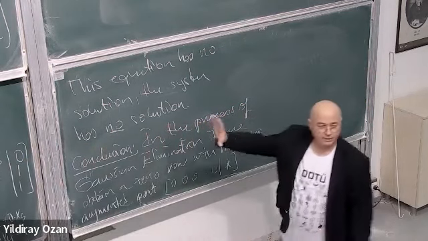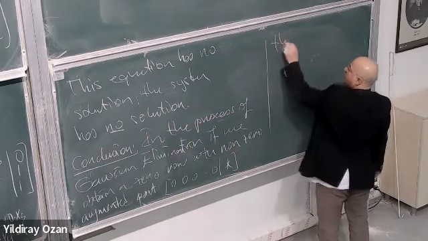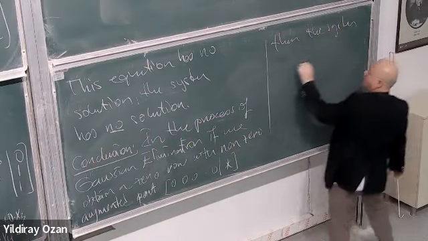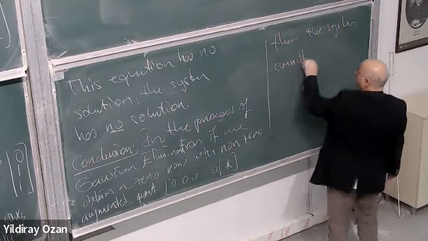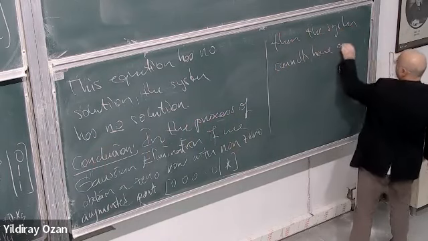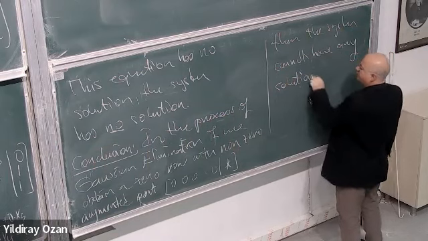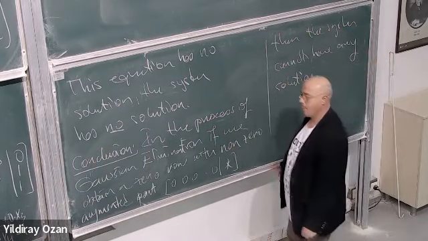So the B part is not zero, then the system cannot have any solution. So in this case, we say that the system has no solution. Okay.